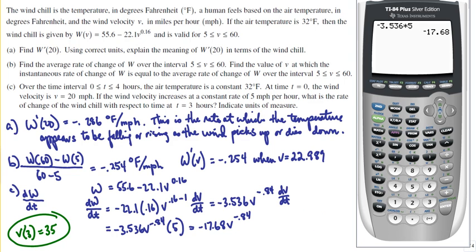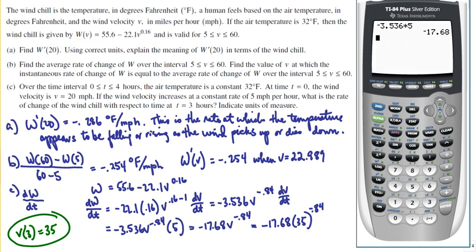So in the end, what I'm looking for is negative 17.68 times 35 to the negative 0.84. Since negative 17.68 is my current answer, I can just multiply that. Clear that.